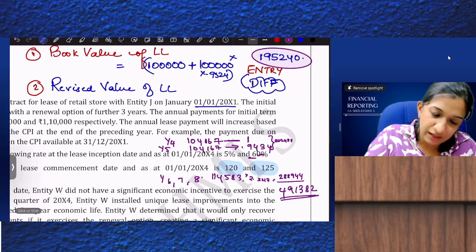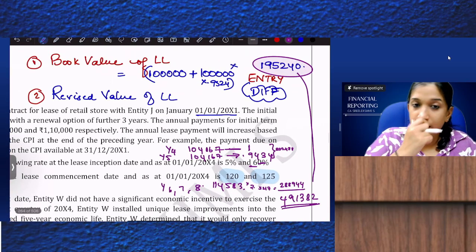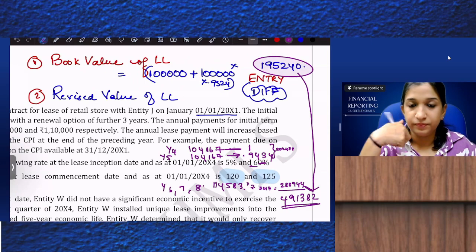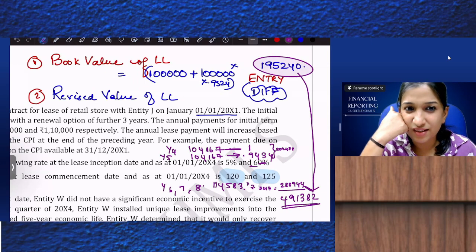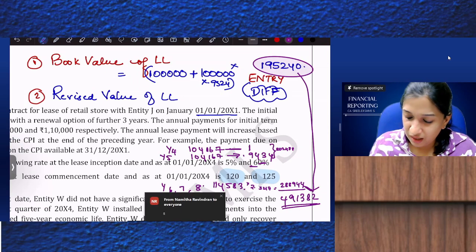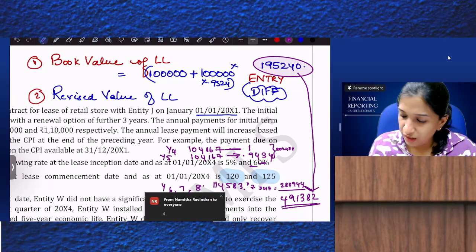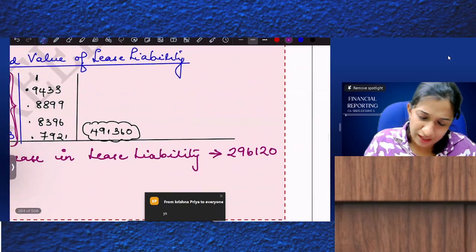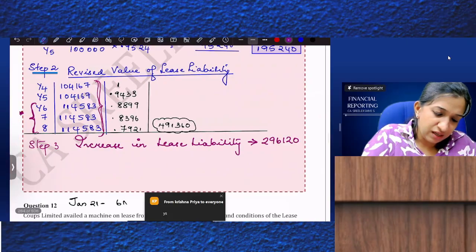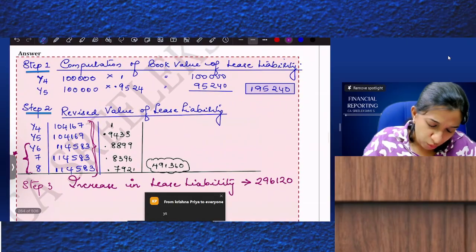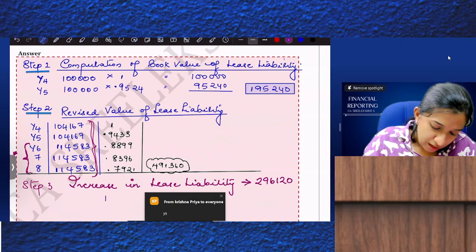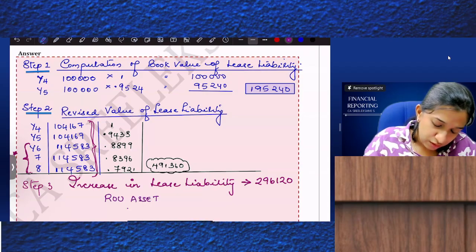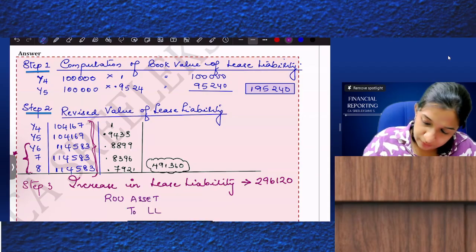Original was 1,95,240. Did you understand this? So 1,95,240 increases by about 2,96,142. That's okay. So it is ROU asset to lease liability, 296 something.